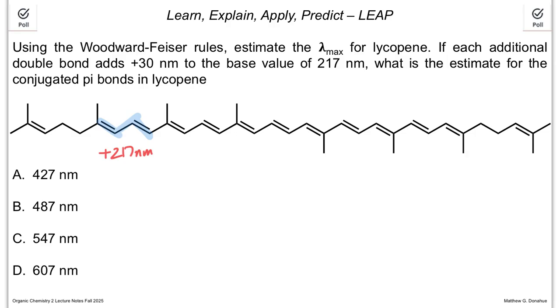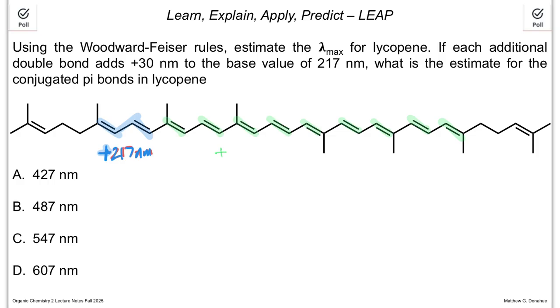So maybe I should have some color fidelity here. I want to make this blue. And then in green, we'll start highlighting the rest. So 1, 2, 3, 4, 5, 6, 7, 8, 9.